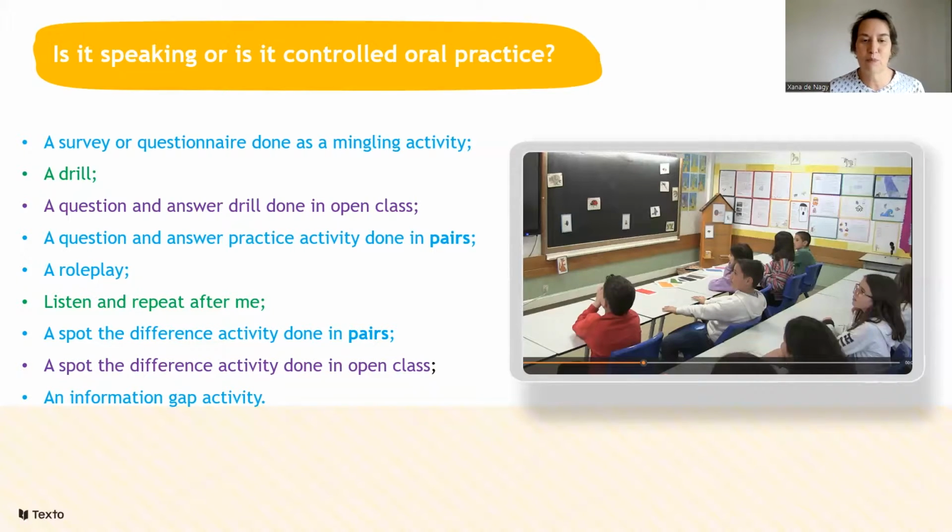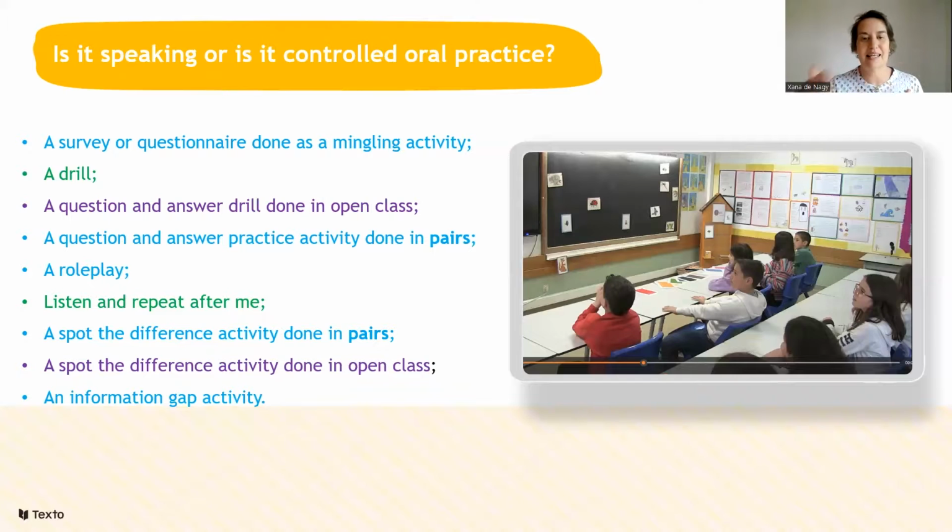And then we have the two purple ones, which I think can be both, but I've put them in a different color because for me, the distinction here is how much practice all of the learners in the class are getting. If I do something open class, it limits the number of students that can actually do the activity. If it's me asking the whole class, they're responding chorally.